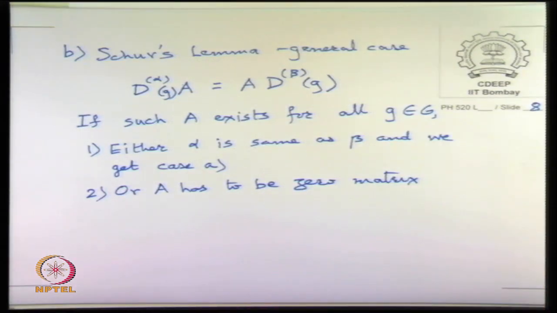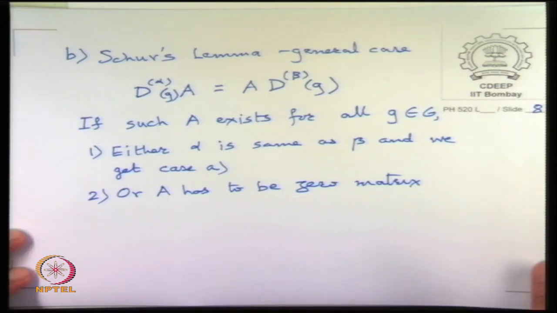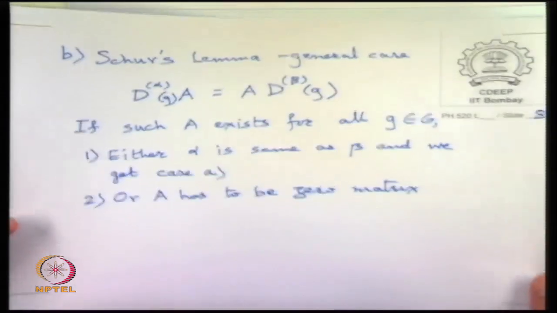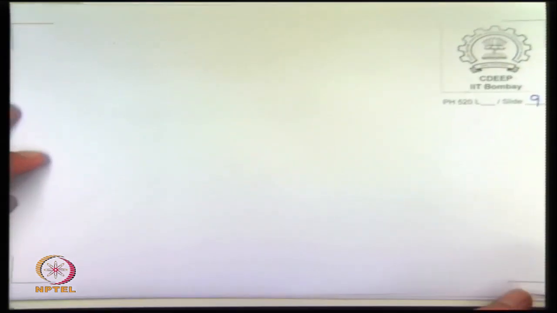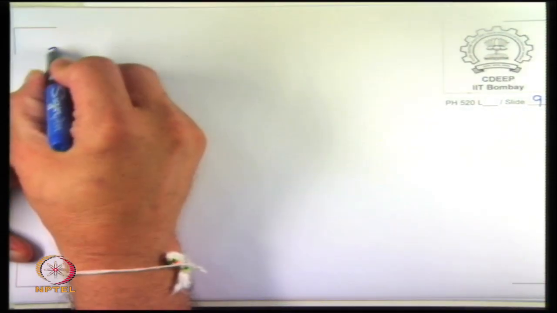So, we will see this in more detail later. There is the third fact, the third thing which is going to make our knowledge of group theory much more impressive, called the great orthogonality theorem.